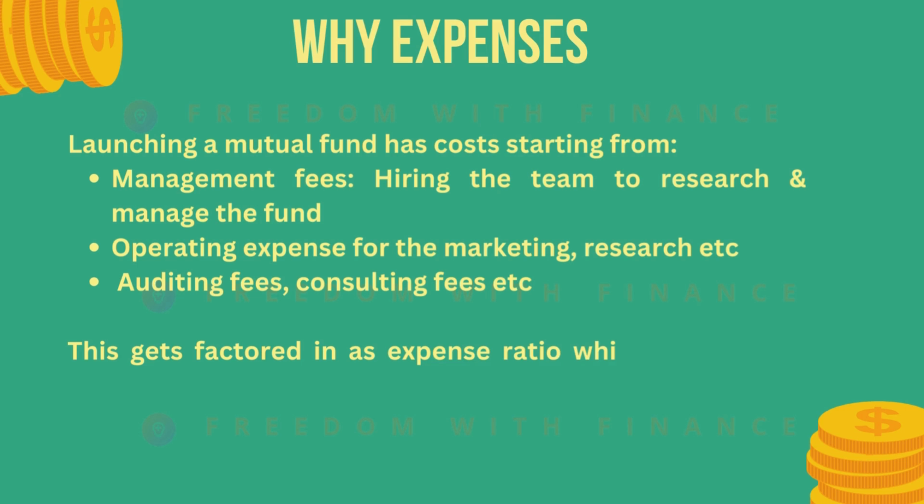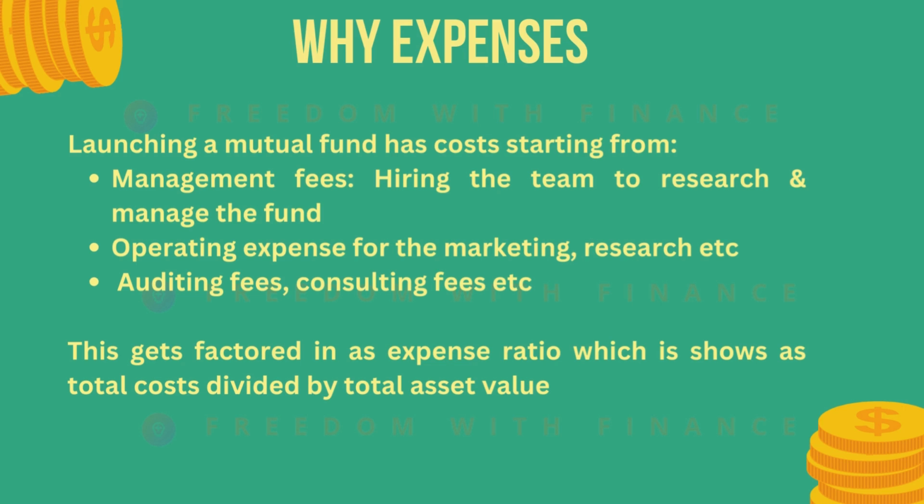So there's a lot of small fees that you have apart from the operating expenses. So that's one, and you will see these reported in terms of percentages, which is the operating expense or the respective cost divided by the total assets valued under that fund, right? So that's how it will be expressed as a percentage of the total asset value of the fund, right?